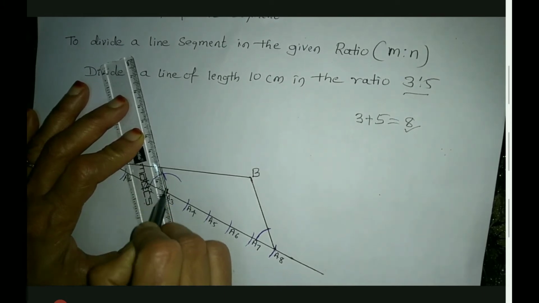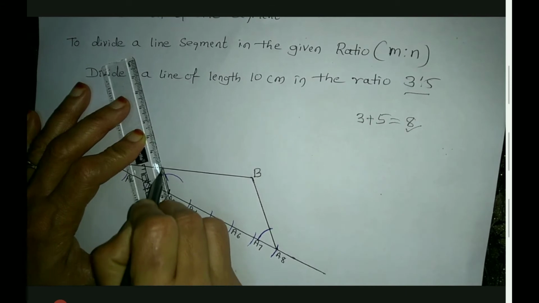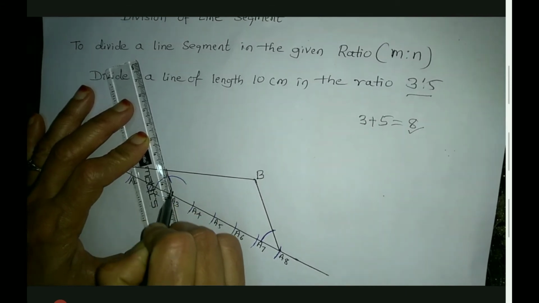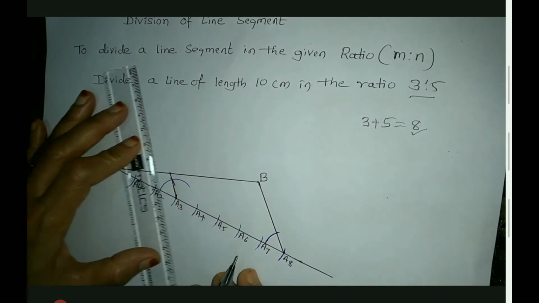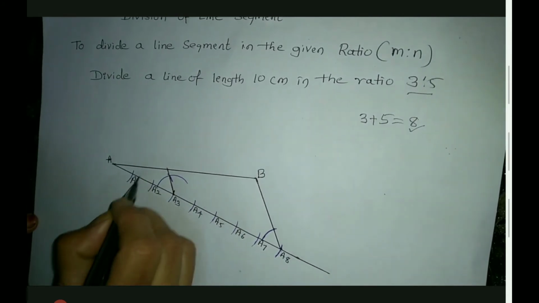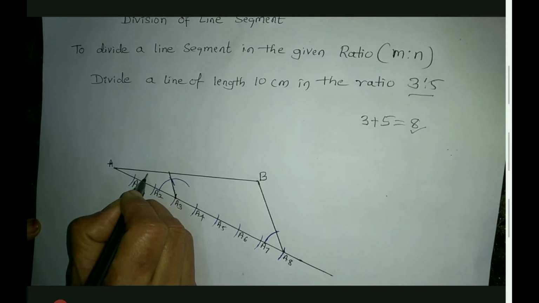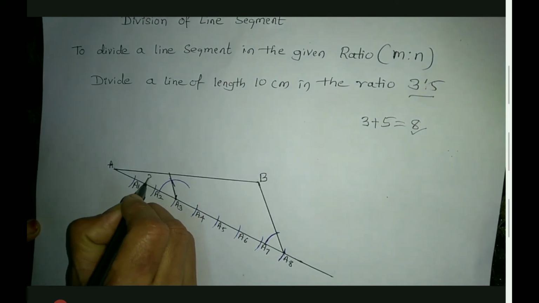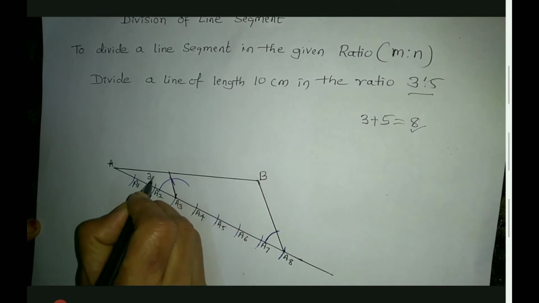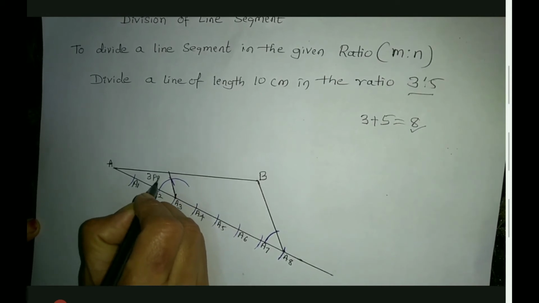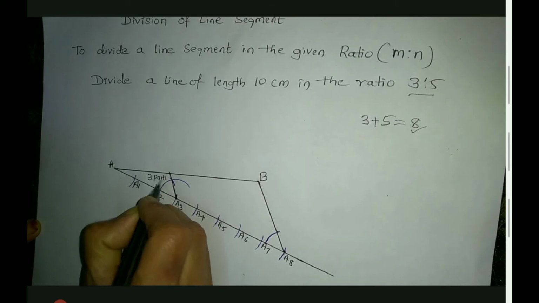So you mark that point and draw a line crossing through that point and produce that line to meet AB at one point. Here the line drawn from A3 must be parallel to the line drawn from A8. Here at A3 and A8 the angles are equal, and you got 3 parts here.